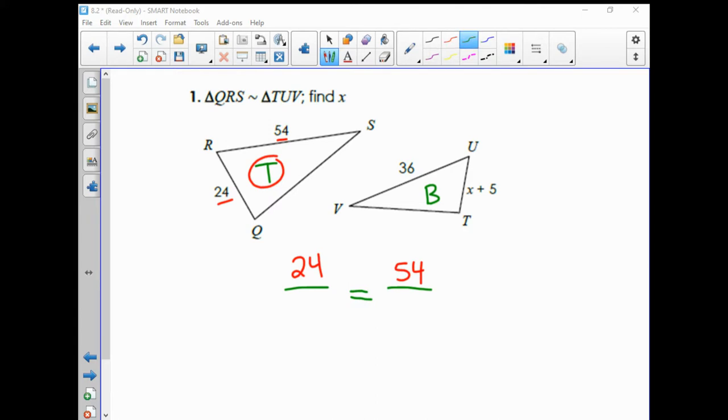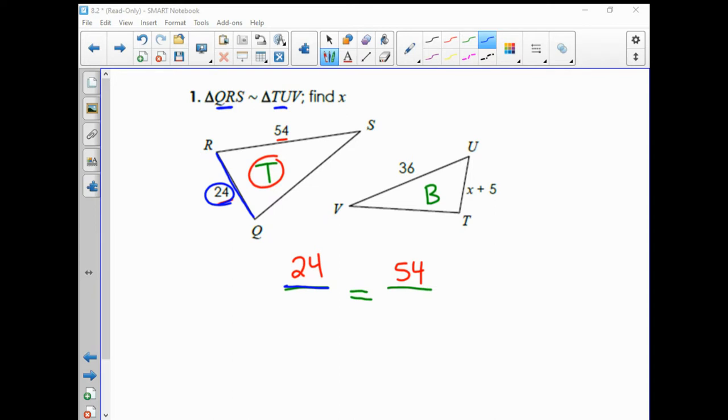Now, they do line up with specific ones. So when I'm looking right here at this 24, notice 24, this was the side between R and Q. So when I'm trying to figure out which side needs to go underneath it, I look up here at my triangle. Notice that R and Q are the first two letters of that triangle. They're going to be proportionate with the first two letters of your other triangle.